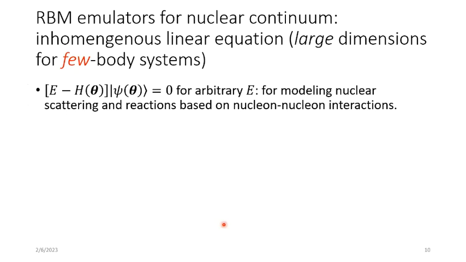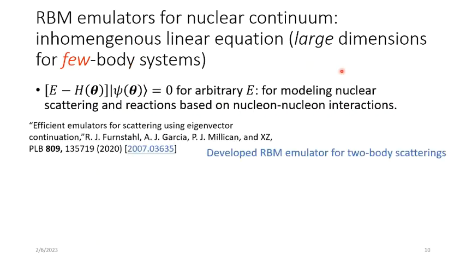Then there is continuum physics. It's the same Schrodinger equation, but now it's not solving an eigenvalue problem. Say for a particular beam energy, you're trying to solve these differential equations with different boundary conditions. It's a harder problem, and even for few-body systems it's already computationally expensive.